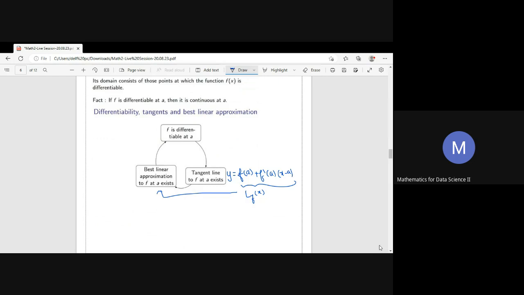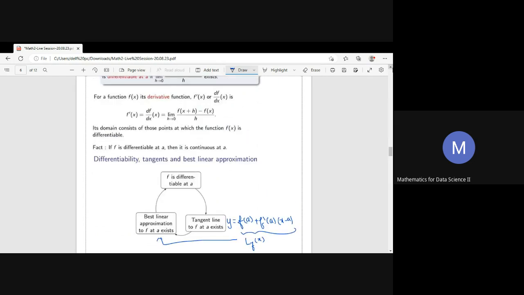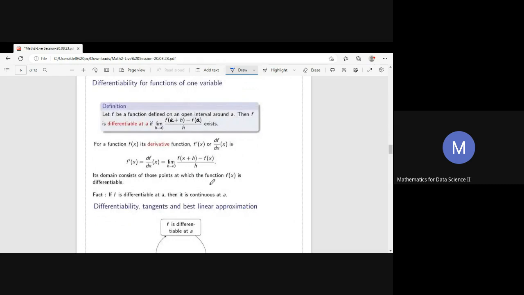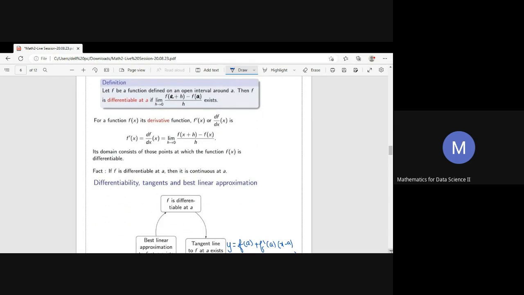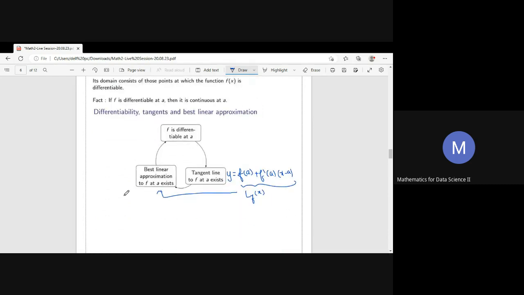Before this, do you remember there is another way of saying the same definition? There is another limit which describes the same. You can call it an alternative definition. So limit h goes to 0, f of a plus h minus f of a by h.